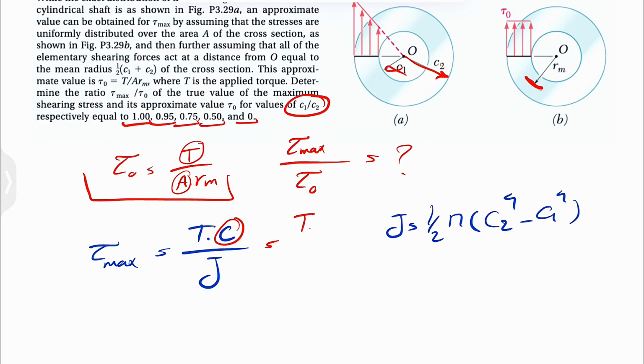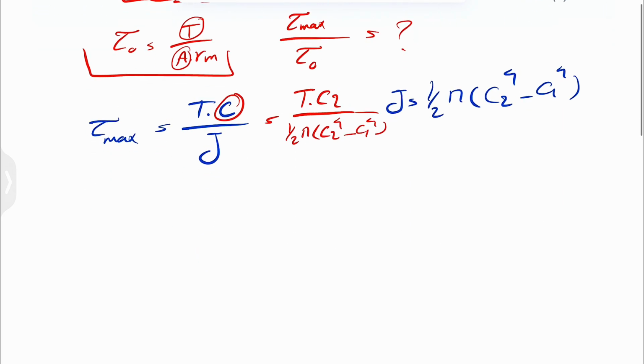So this is going to be T times C2 over J, which is one half of pi times C2 to the 4 minus C1 to the 4. Let's see how we can simplify this a little bit more.